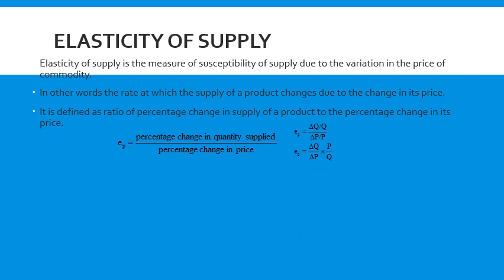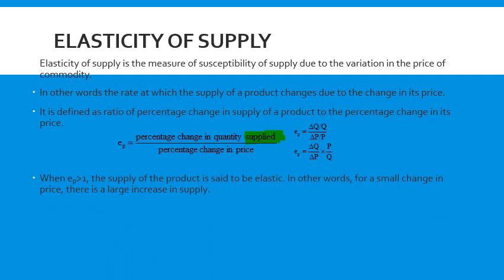The only change is the percentage change in the quantity supplied to the percentage change in the price. Till now whatever we discussed were all with respect to demand. Now everything happens with respect to supply. All these factors we discussed till now hold good here as well.